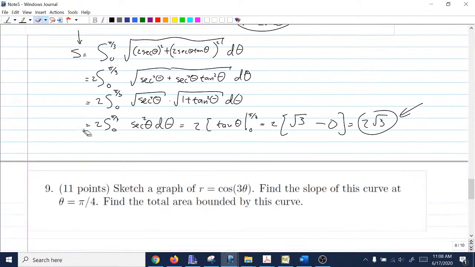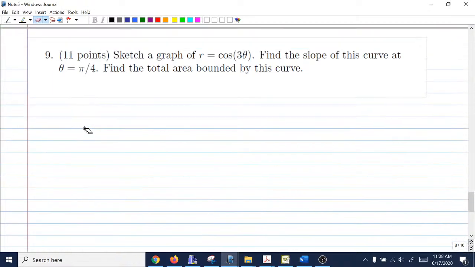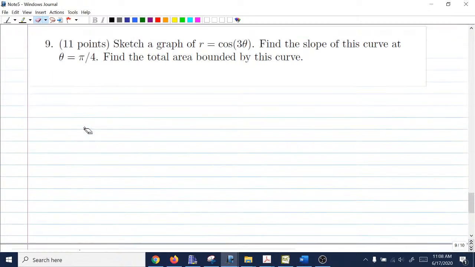Let's keep going. Sketch the graph of r equals cosine 3 theta. These are tough. What does cosine 3 theta look like if I just draw it as y as a function of x? Cosine starts at 1, goes down, up.